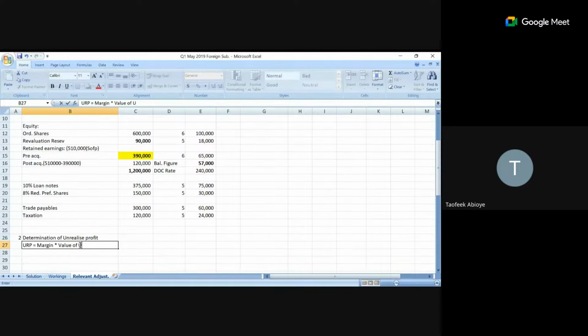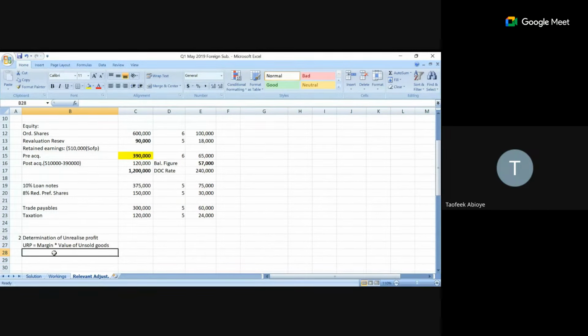Your formula will remain the same at all times. You must not change this formula. The only time this formula can change, I have said it, is when the cost value of that inventory was given. If it is cost value, then your formula will change. It will be markup multiplied by cost value of that inventory. But if it is the value of inventory that they give us, it is margin.